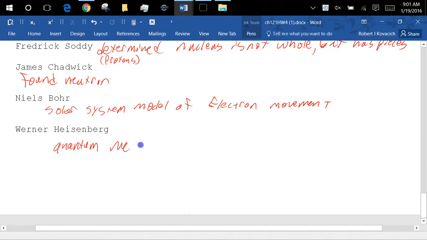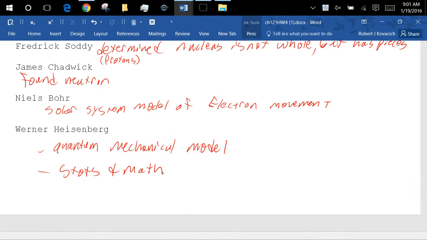The quantum mechanical model, with statistics and math. That's how he came up with the theory. And we're still using this one. 80-ish, 70 years later. Nobody's come up with anything better.